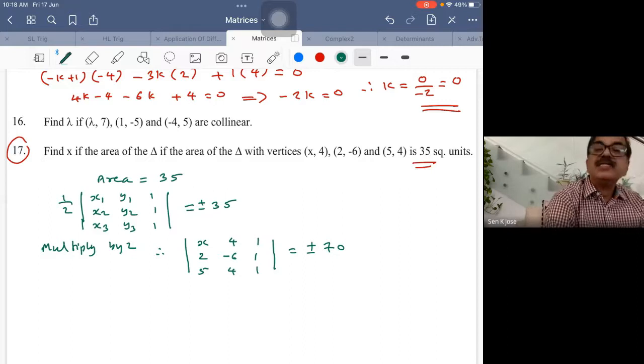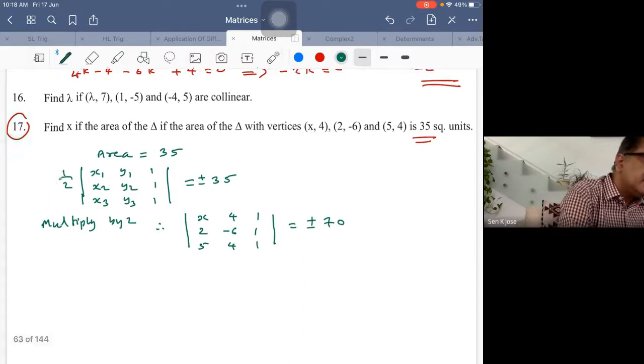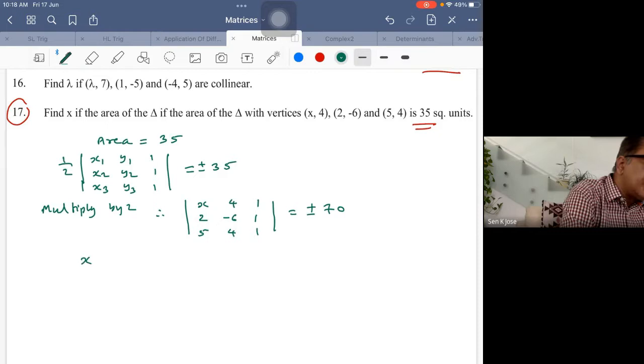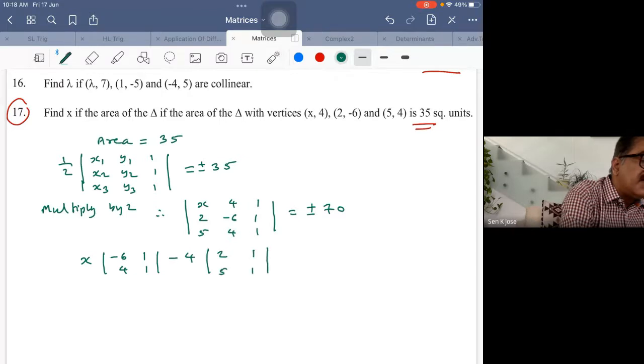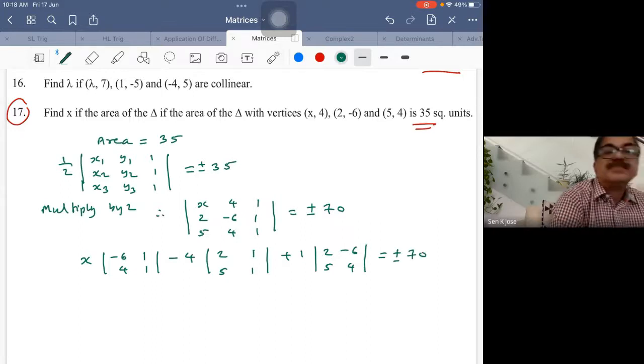And then I start expanding. So when I expand, I'll get x into its minor, minus 6, 1, 4 and 1, minus 4 into its minor, 2, 1, 5 and 1, plus 1 into its minor, 2, minus 6, 5 and 4, is equal to plus or minus 70.